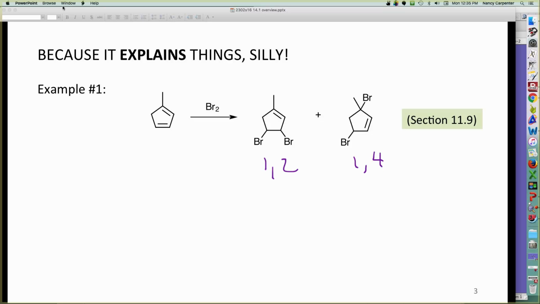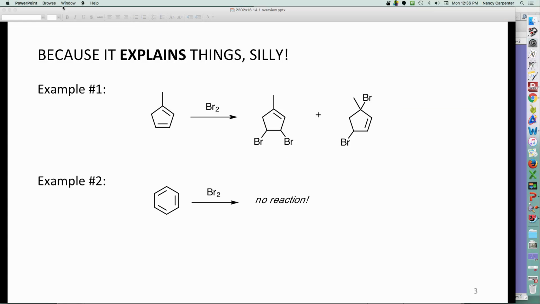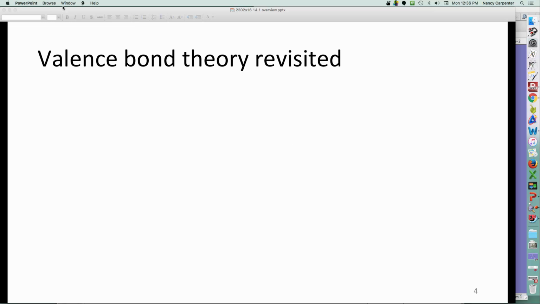How do you explain that? That's kind of weird. And worse yet, how do you explain this? When I add bromine to this conjugated alkene, looks pretty conjugated to me, nothing happens. You don't get 1,2, you don't get 1,4, you don't get anything. So how do you explain all this?